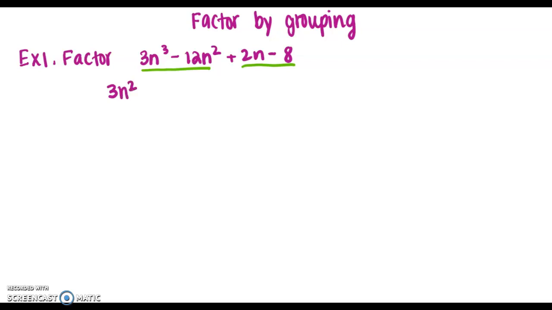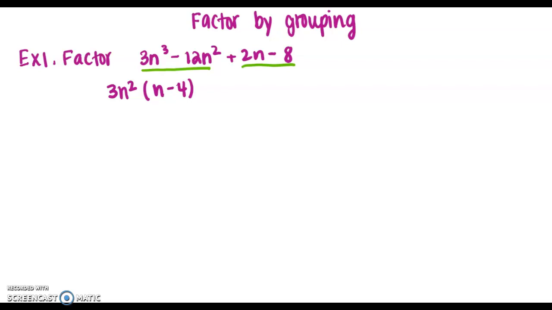So you're going to go ahead and factor that out, which means divide. So 3 divided by 3 is just 1, and then the n cubed, if you took out 2 of them, you're left with n. Then the next number, negative 12 divided by 3, that's going to be negative 4, and then you took out both of those n's, so you could close the parentheses there.